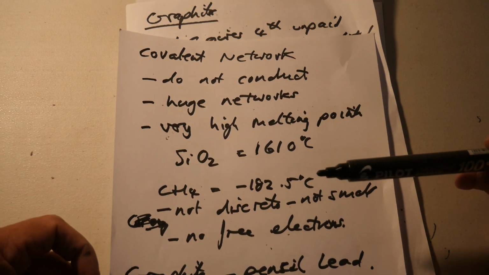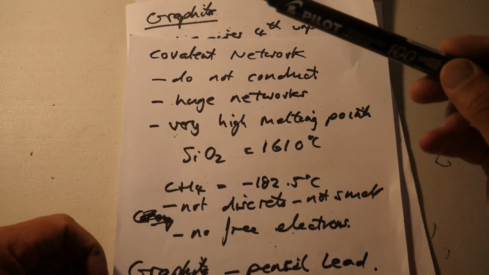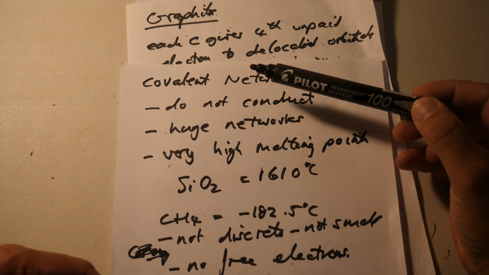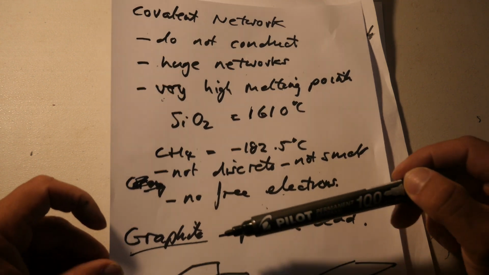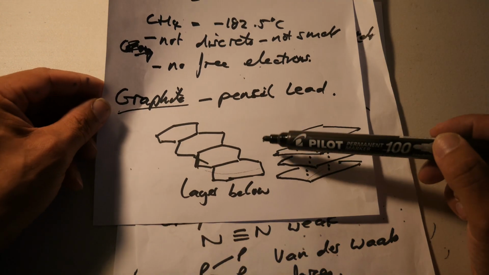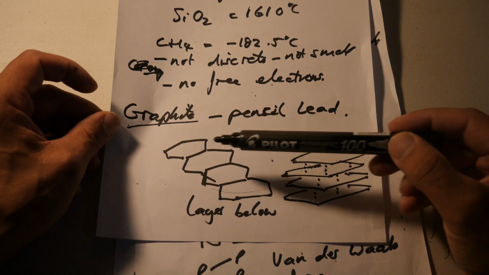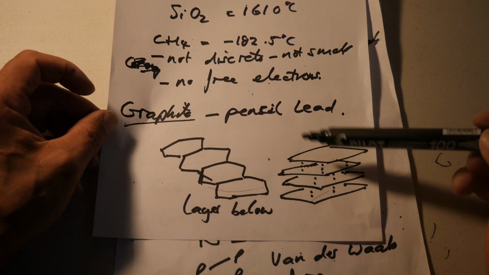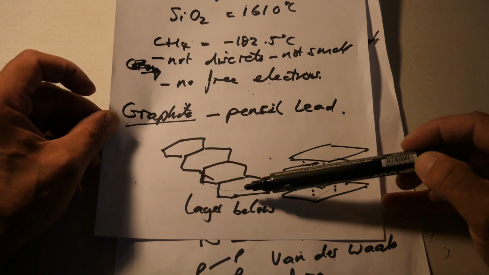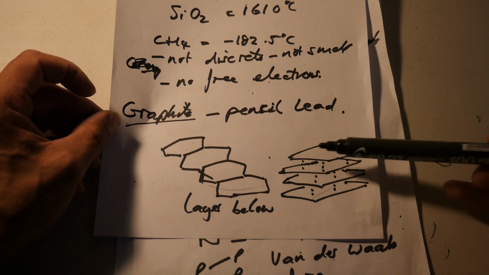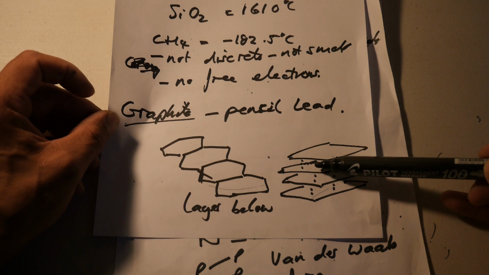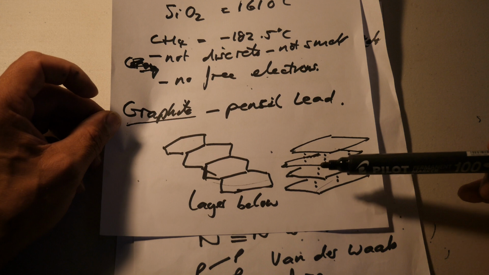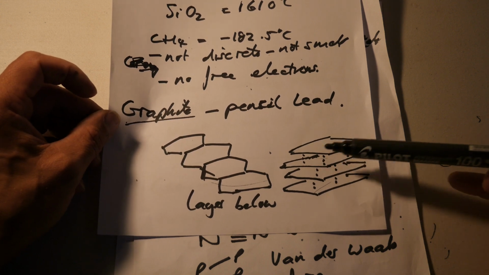So I mentioned ionic lattice and covalent network, and then you've got a third type, graphite, pencil lead, which is 6-membered rings that form sheets joined together. You get one layer, another layer, another layer, held together by weak interactions of the delocalized electrons.